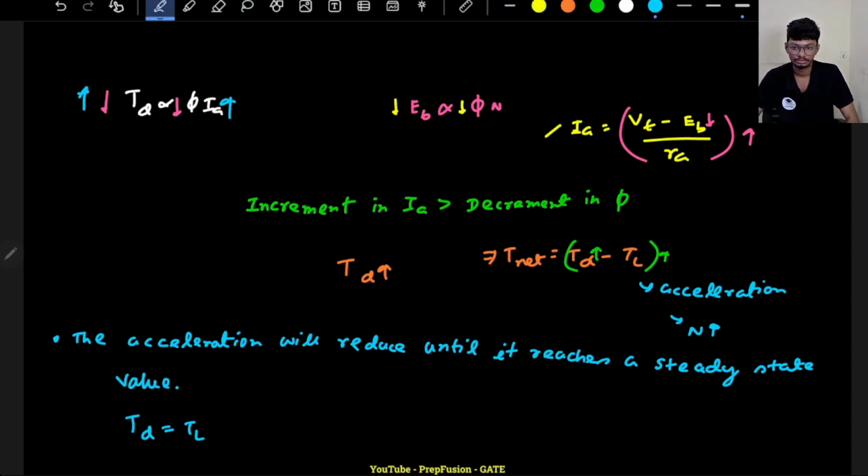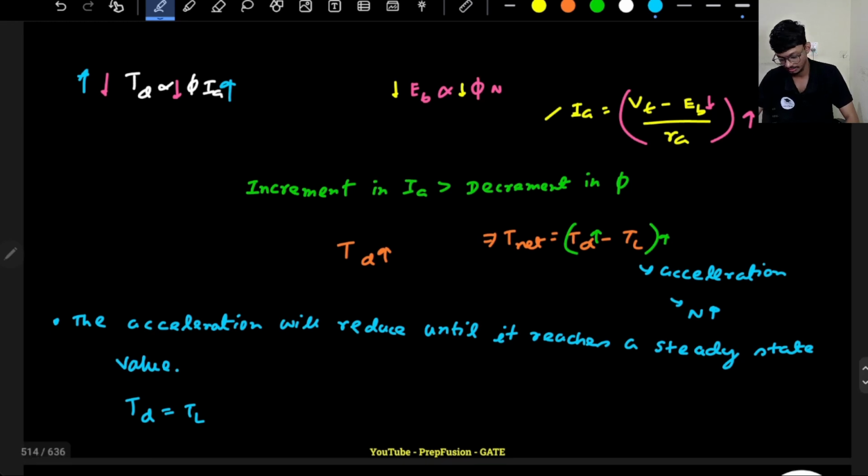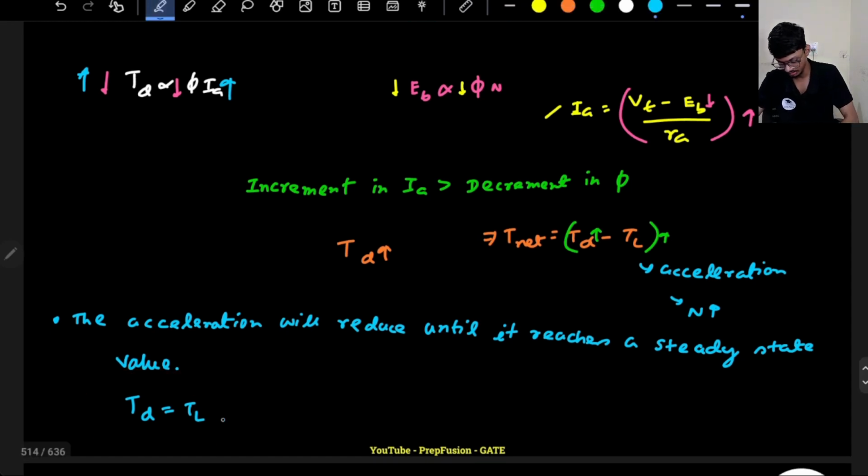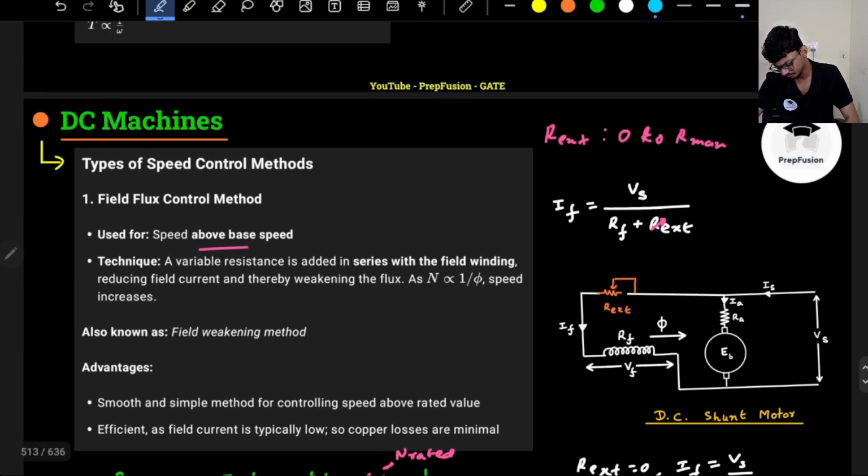Okay, got it. So when TD is equal to TL, then the speed will simply be constant, but the speed will have increased slightly. So that is the overall phenomenon.